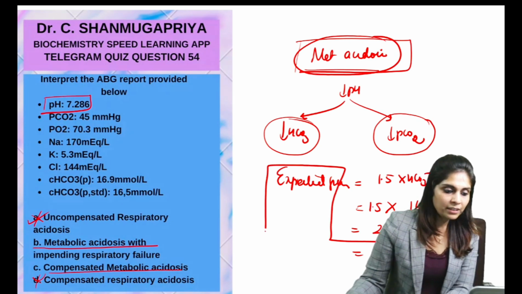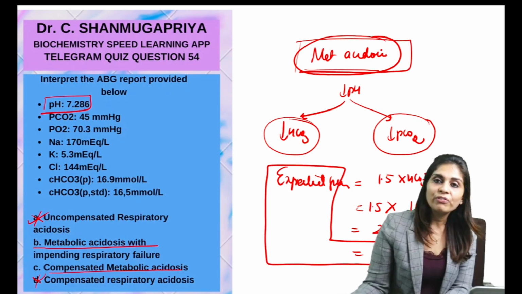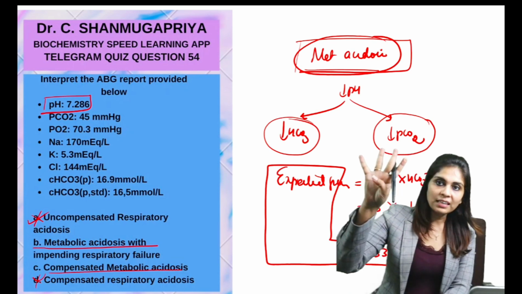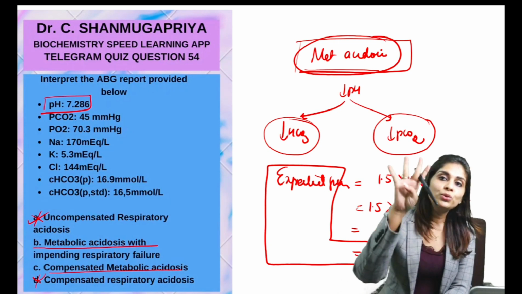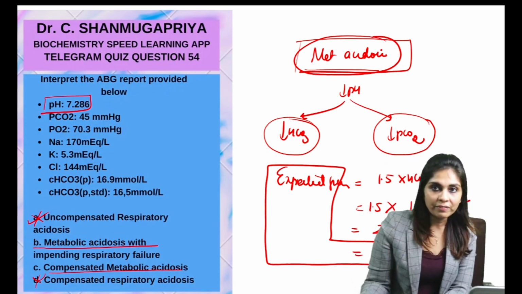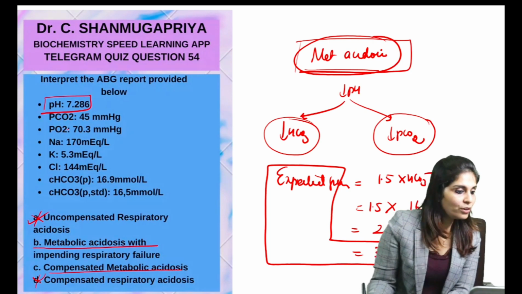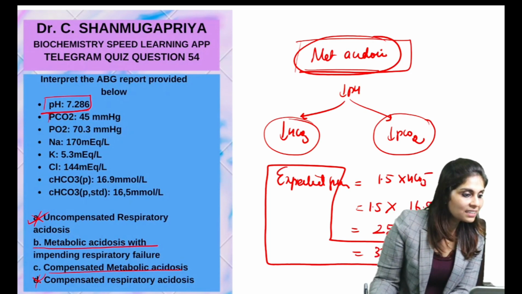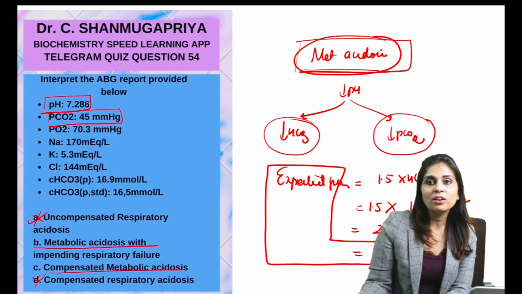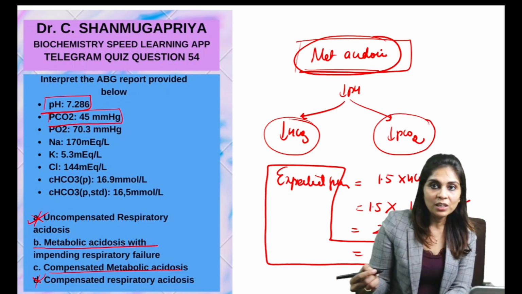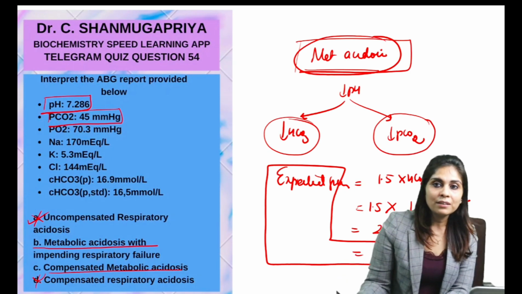So expected PCO2 is 33.5, which means from a normal of 40, in this metabolic acidosis condition, the PCO2 should have dropped to 33.5. Okay, but what you find here, the PCO2 has risen. It's definitely not compensated metabolic acidosis. That is another disorder, which is an impending respiratory failure.